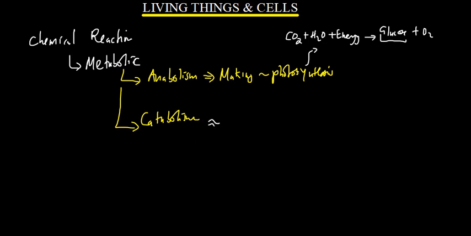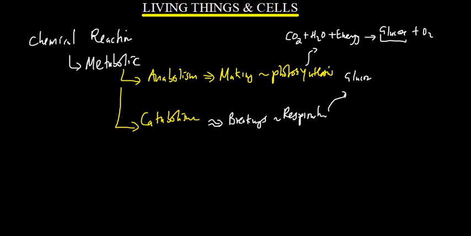Catabolism, on the other hand, has to do with the breaking of compounds into smaller ones. An example that we can talk about is respiration. Respiration is just the opposite of photosynthesis. You just change the equation.